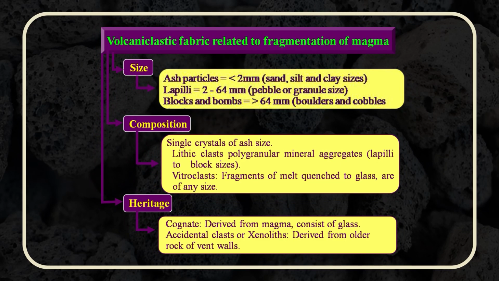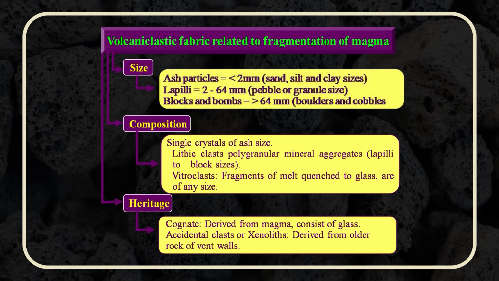Volcanoclastic fabric related to fragmentation of the magma can be classified on the basis of size: ash size particles, then we have lapilli and bombs. Lapilli are smaller size particles ranging in size from 2 to 64 millimeters, whereas blocks and bombs are much bigger particles, greater than 64 millimeters.